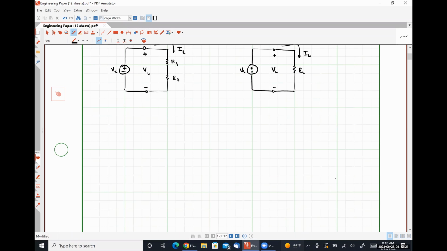So I posit to you all that this circuit, a voltage source in series with some resistance RS, is electrically equivalent to a current source in parallel with some resistance RS.